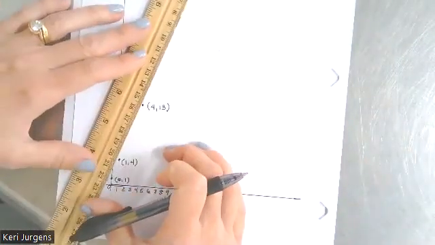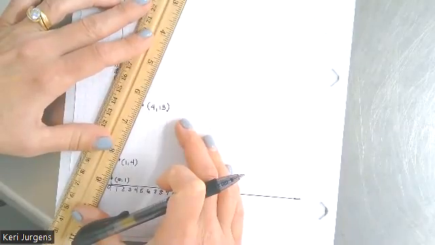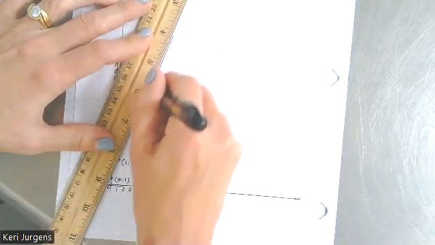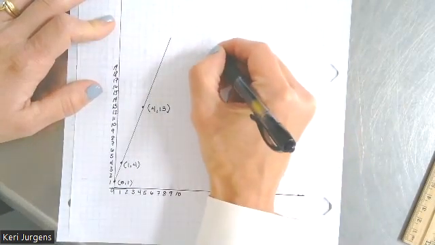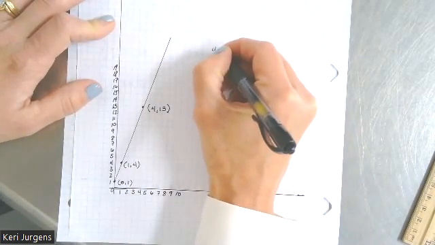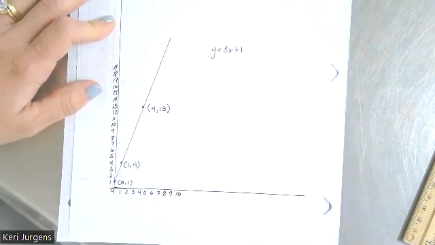And then I'll connect those with my ruler, keeping it neat. The last thing I'm going to do is go ahead and write the function right here next to the graph. Y equals 3x plus 1.